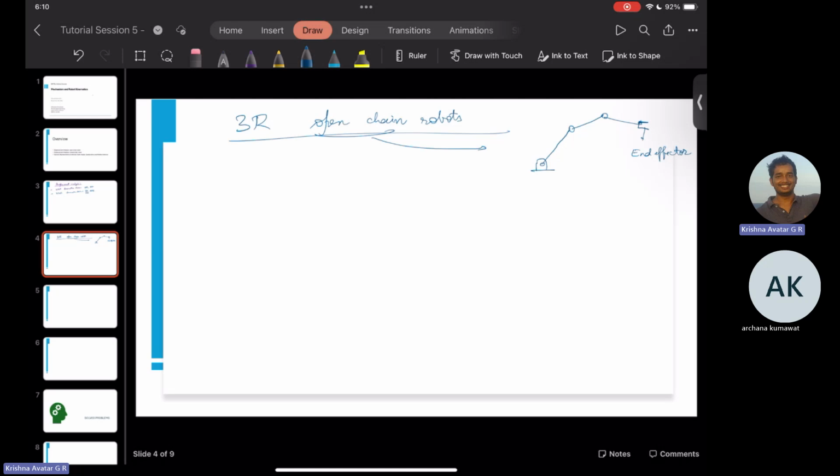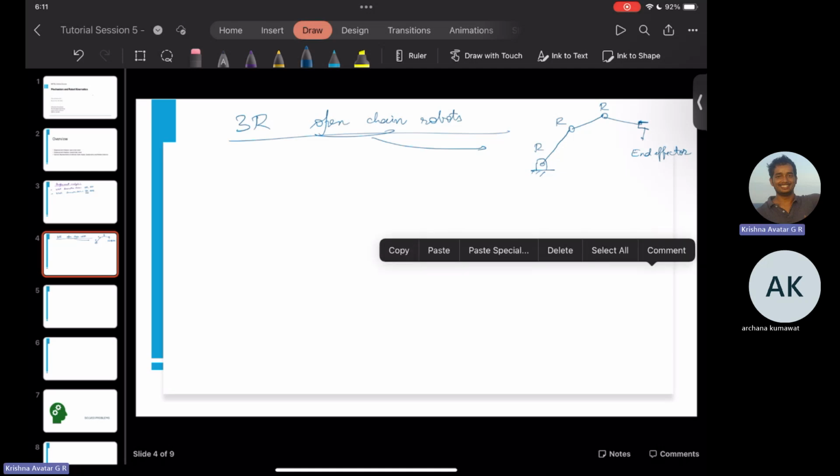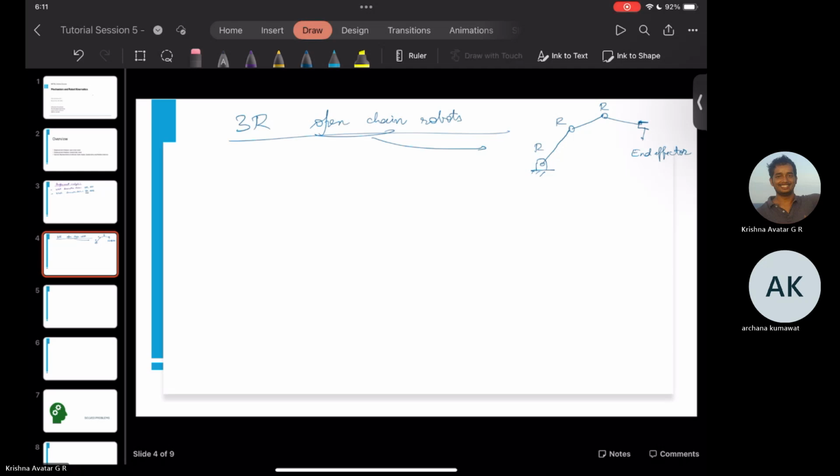So we have 3 revolute joints. This is the grounded link, and then we have 3 joints here, and this is free. So this makes it an open chain.